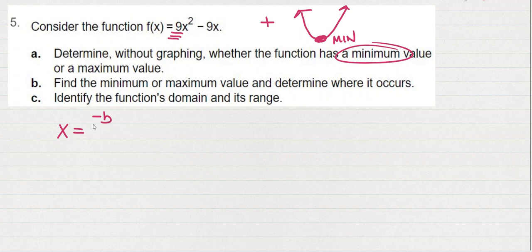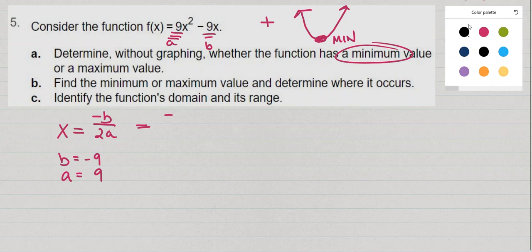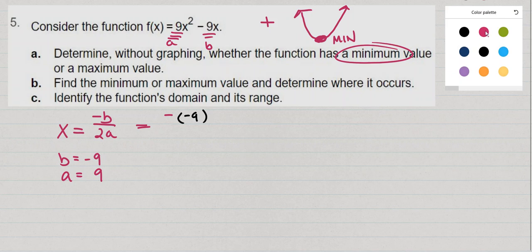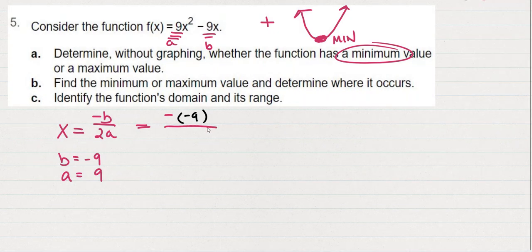x equals the opposite of b over 2a. b is -9. a is +9. So here's our a, here's our b. So when I plug those in, we get the opposite of -9 all over b. Oh, I'm sorry, I reversed those, didn't I? Sorry about that. In the end, it comes out the same, but I want to make sure I do this right.